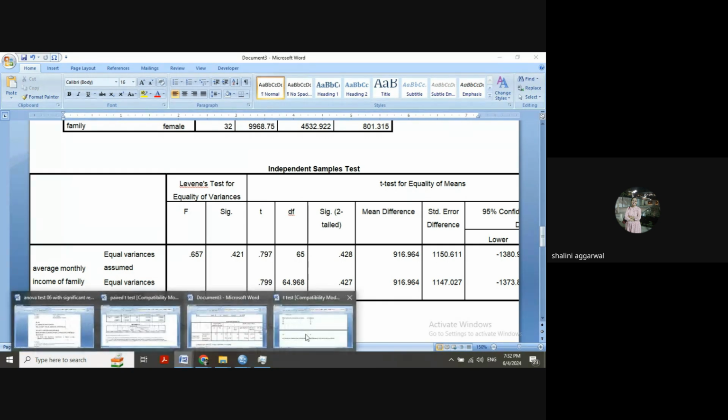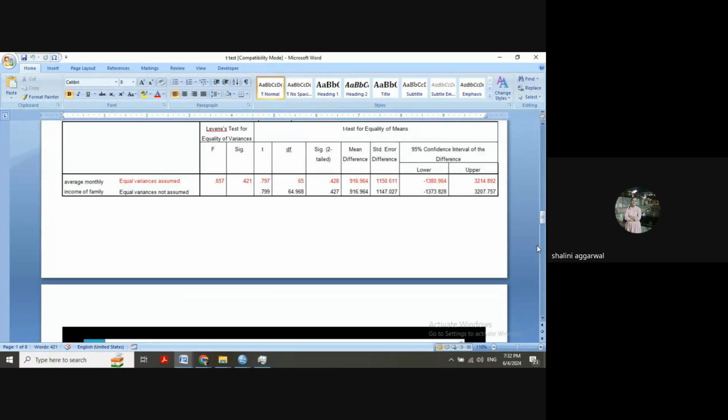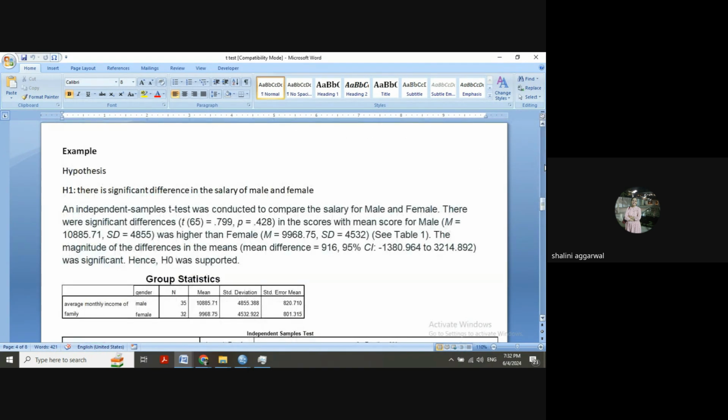And I can show you. One minute, let me see if it is there or not. This is how you have to write. All these values, you have to write it like this. An independent sample t-test.